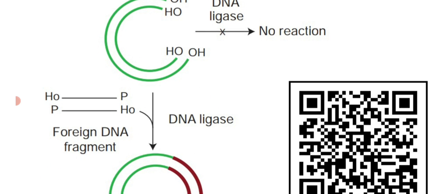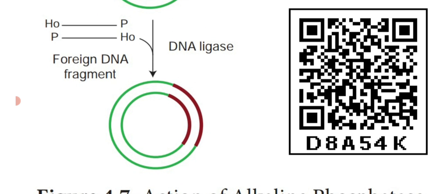So the phosphate group of other DNA fragments is added by the enzyme DNA ligase. So they form newly formed double-stranded DNA.